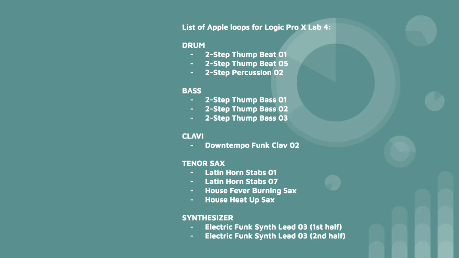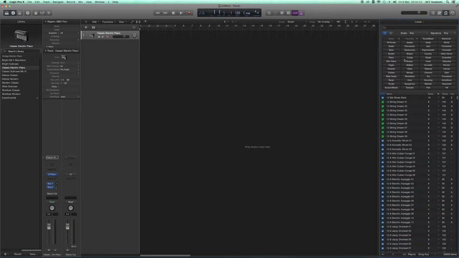If you take a look at the Apple loops list, we divided it into 5 sections. We have drums, bass, clavi, tenor sax, and synthesizer. If you want to choose the drums, you click on All Drums, then Logic will automatically select only the drums, and those that are not drums are going to be muted.